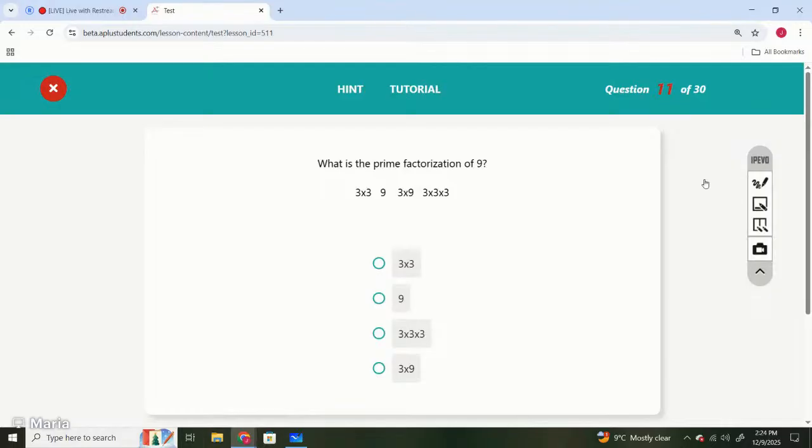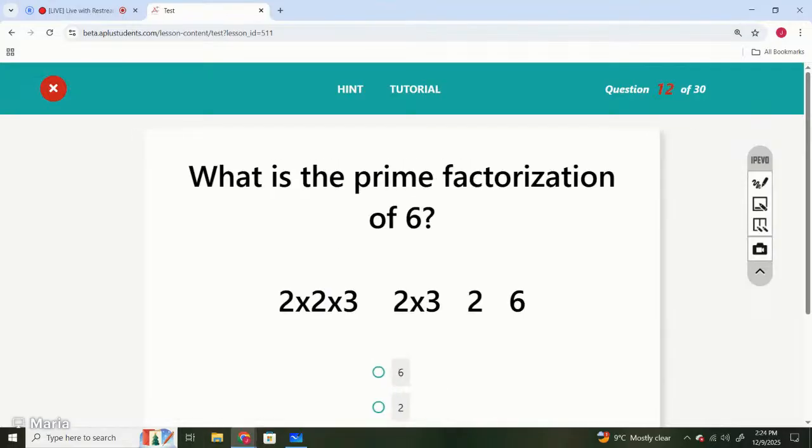The prime factorization of 9 is 3 times 3. Option number 1 is the correct option.